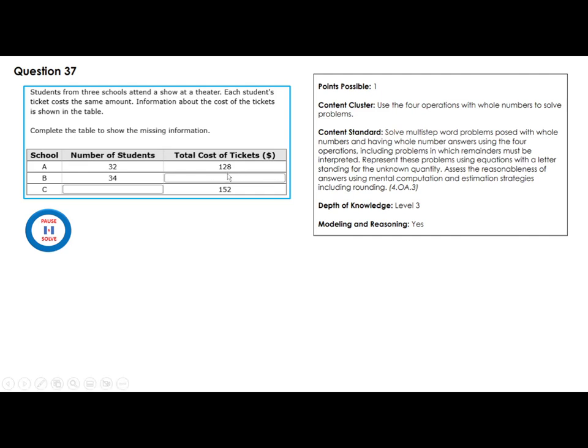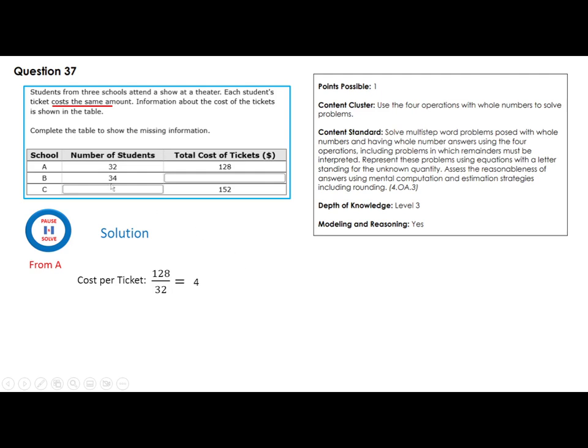Total tickets is 100. It is paid 128. So can we find the price of a ticket? Yes, you can divide this by this to find the price of one ticket. Cost per ticket, you divide this, you get $4. Now I established that the cost of a ticket is $4.